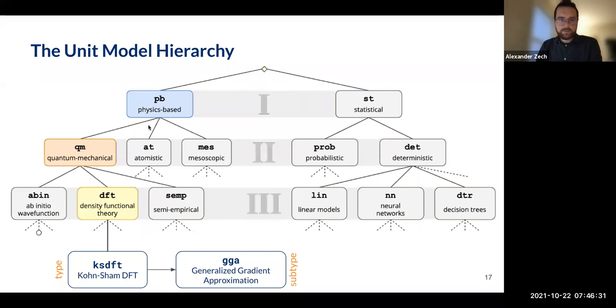So DFT is a physics-based model. We will put it in the quantum mechanical category as we're solving the Schrödinger equation and having explicit expressions for the electrons. And density functional theory has in this tier 3 its own category, since it contains many flavors of DFT. And then we specify that we use the Kohn-Sham type of density functional theory. And then furthermore, the subtype would be the GGA, the generalized gradient approximation.